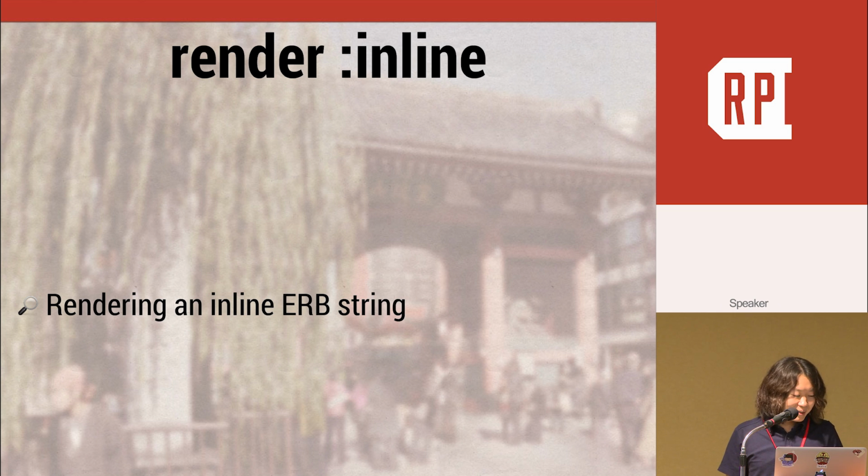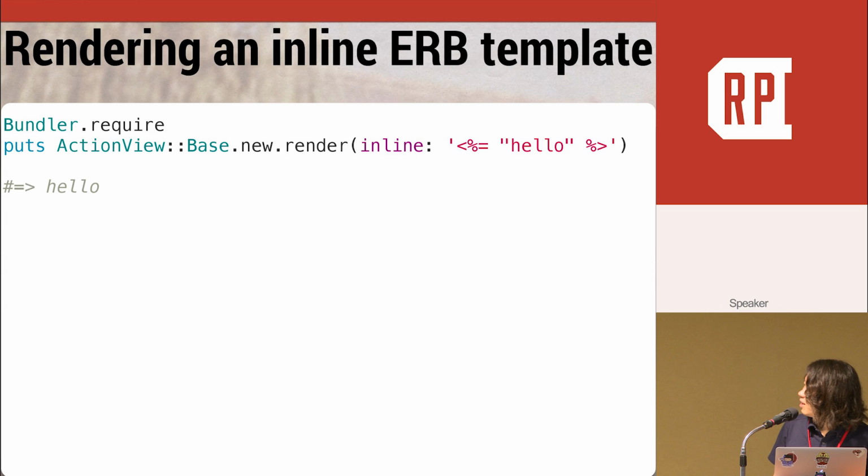I'm gonna skip the demo, but this still works. You can pass in an ERB string to the inline option. Then it compiles the ERB string into HTML and prints out to the console. So ERB is available like this.